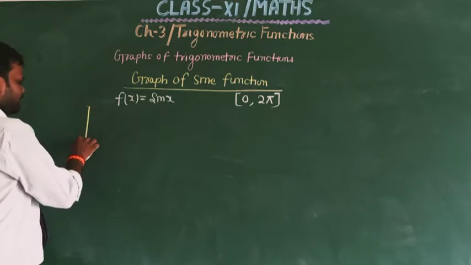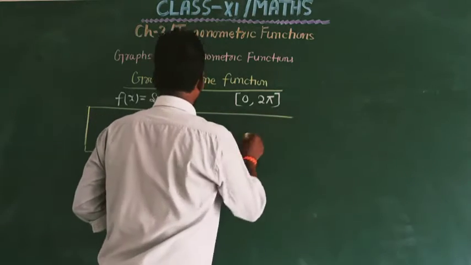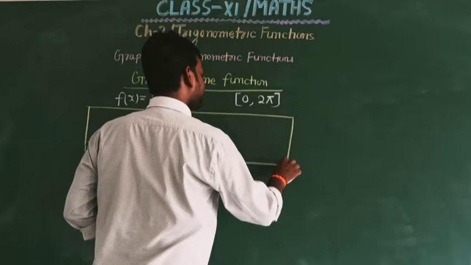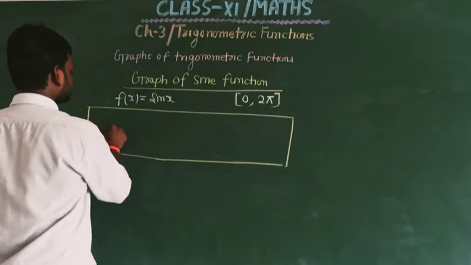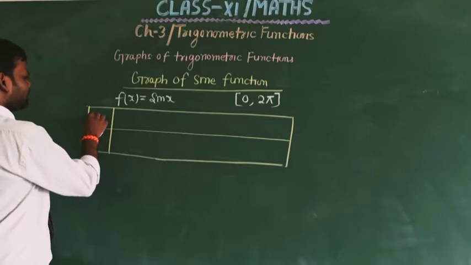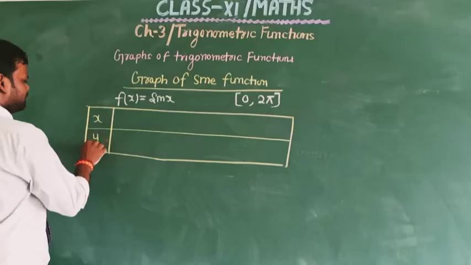Okay, so we require some points in the interval 0 to 2 pi. Suppose this is x and this is y.